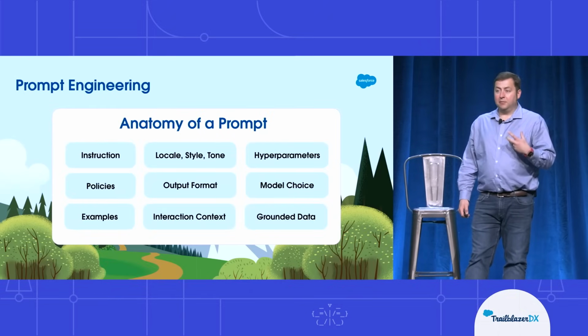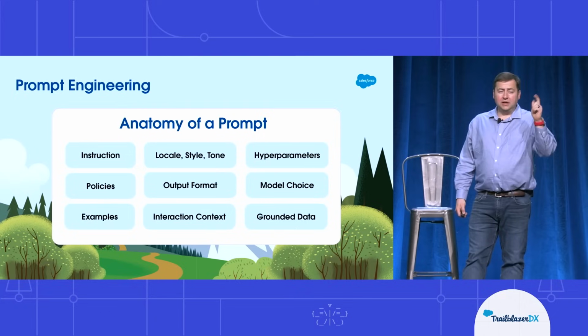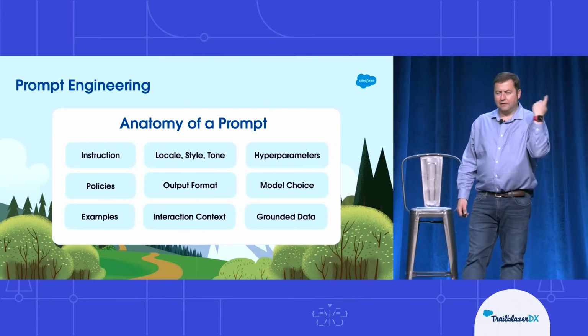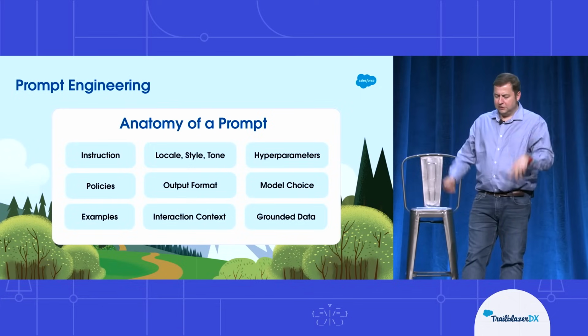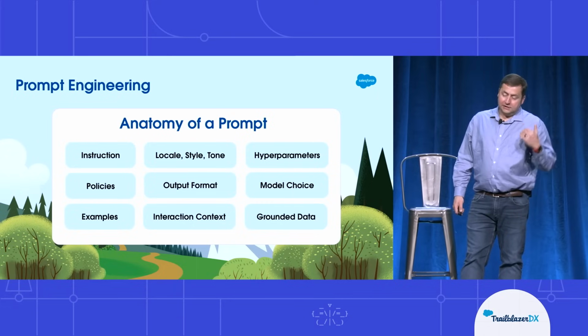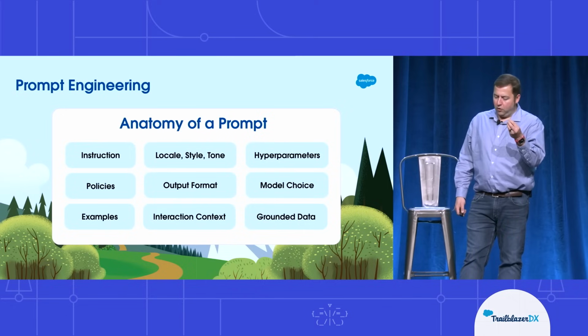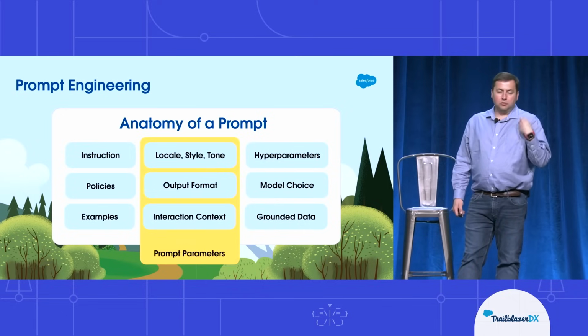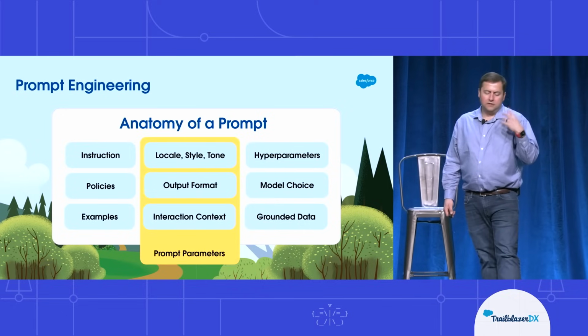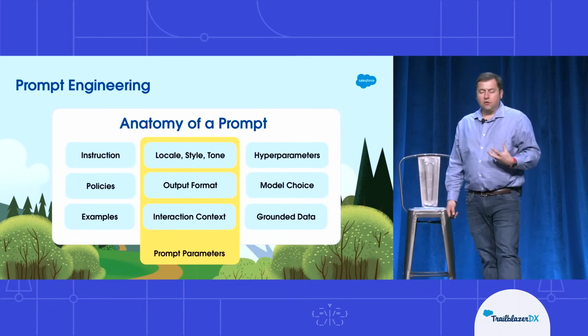A prompt is generally made up of a bunch of stuff. If you've been to one of the prompt sessions, you've probably seen something similar to this. I'm going to have a nice slide here next with all the definitions. It's going to be really handy for you to take a picture of. But really what's important is you give instructions, policies, examples. You tell it what you want. You give it things that we call prompt parameters: the locale, the style, the tone, the output format, and the interaction context.